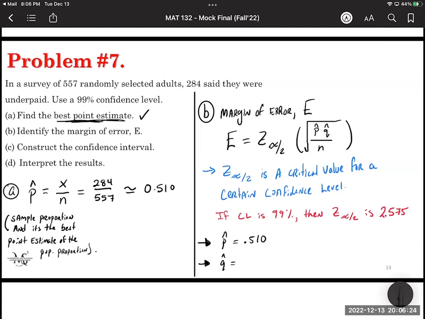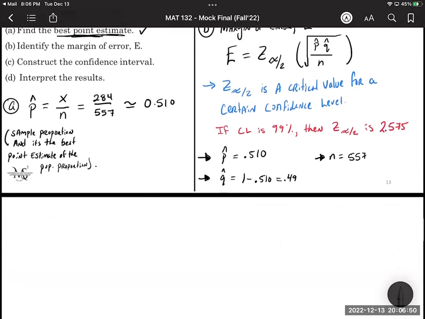One minus 0.510, which is 0.49. I'll write it as 0.49 because 0.510 is just 0.51. Now we know that n is equal to 557. So I just have to plug everything into my formula.